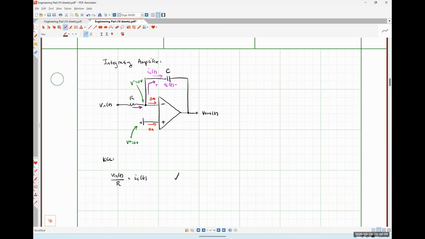It's a little bit difficult to relate the current IC to the output voltage V out of t, right? I have things in terms of my input voltage. Now I have to figure out how to get my output voltage into this expression somehow, okay? So instead of trying to relate IC and V out, I want to see if we can relate VC and V out. Does anybody have any thoughts on that one?